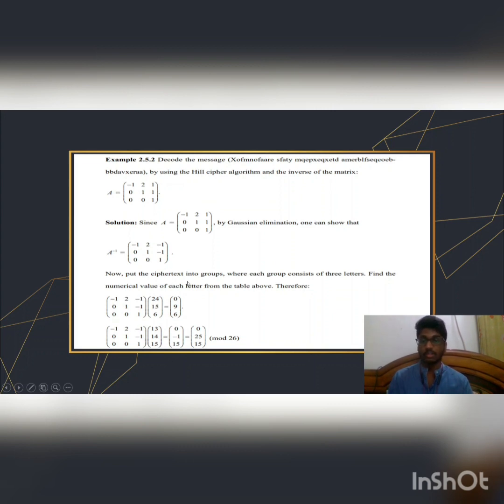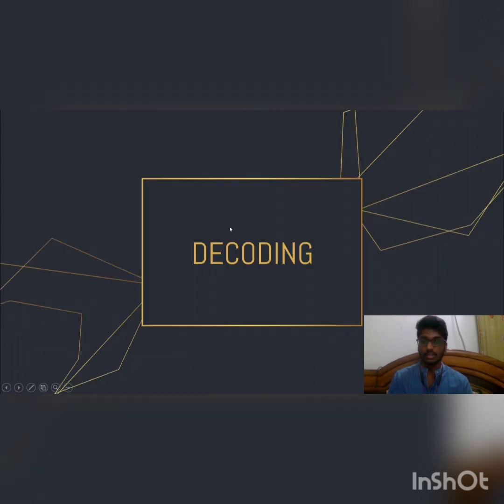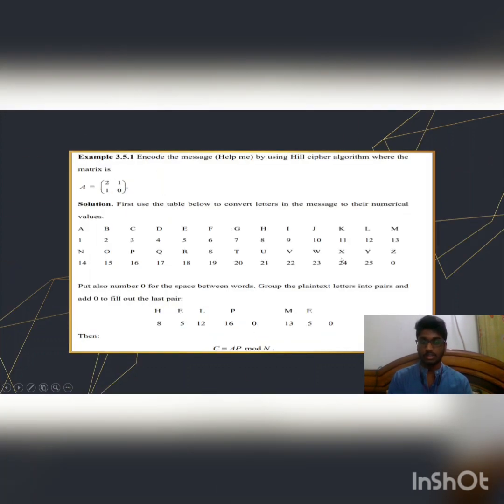So now, using the table previously shown, the alphabet X is 24 and O is 15. As you can see in this table, X is 24 and O is 15.